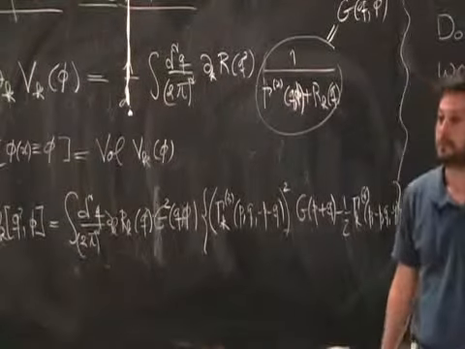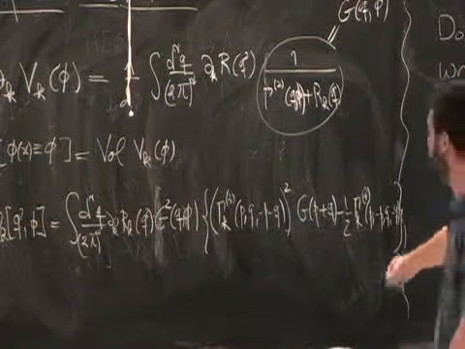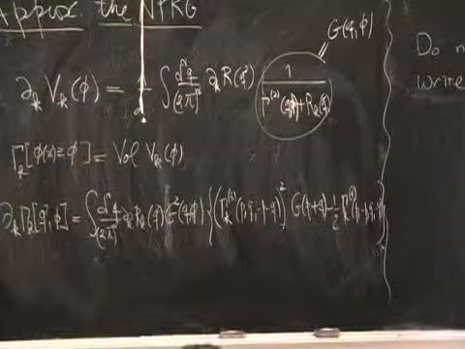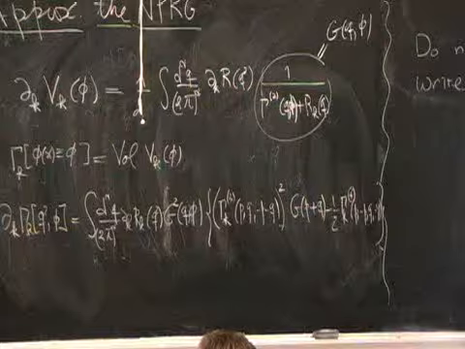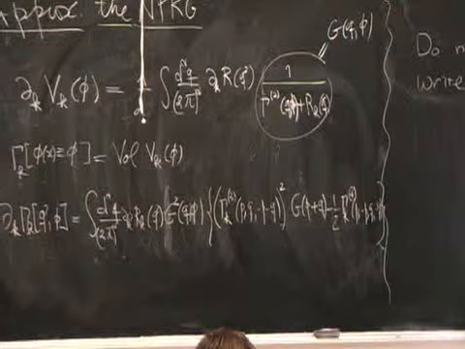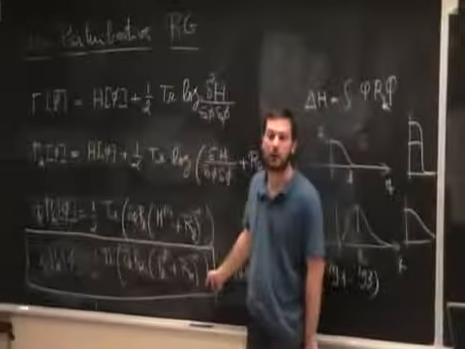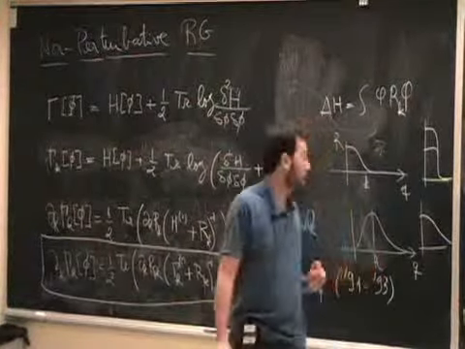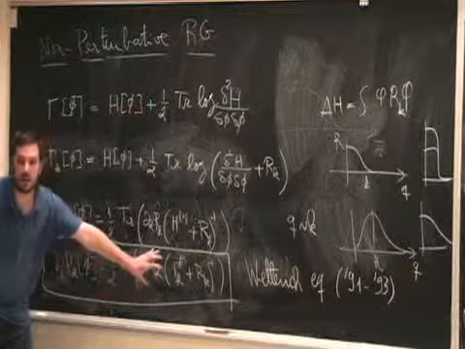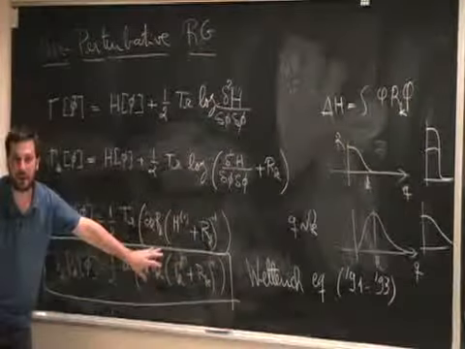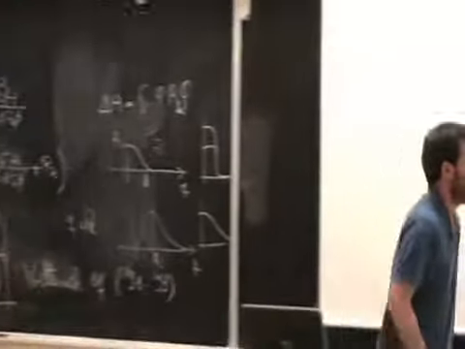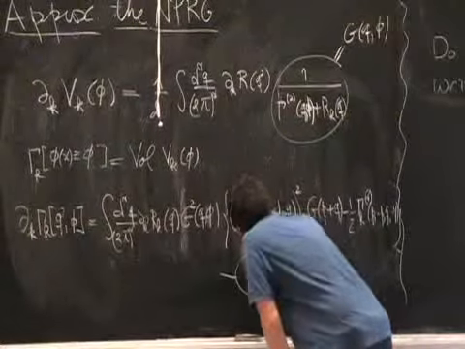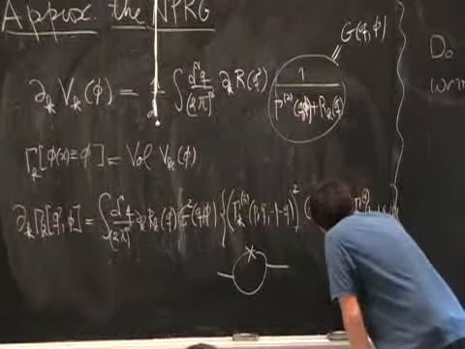Okay? How do you get this? I didn't prove that, but simply take this equation, take two functional derivatives, and you evaluate it in a constant vacuum field. Okay? An easy way to think about it, this has a one loop structure. So if you know the diagrammatics, this term is nothing but this diagram, and this one is nothing but the tadpole.